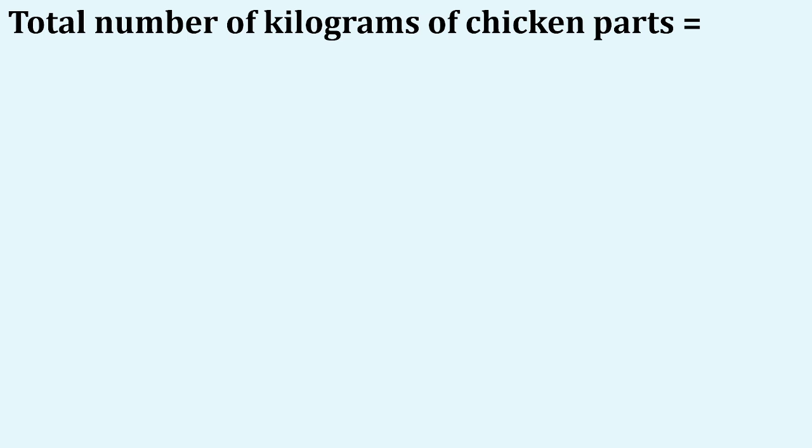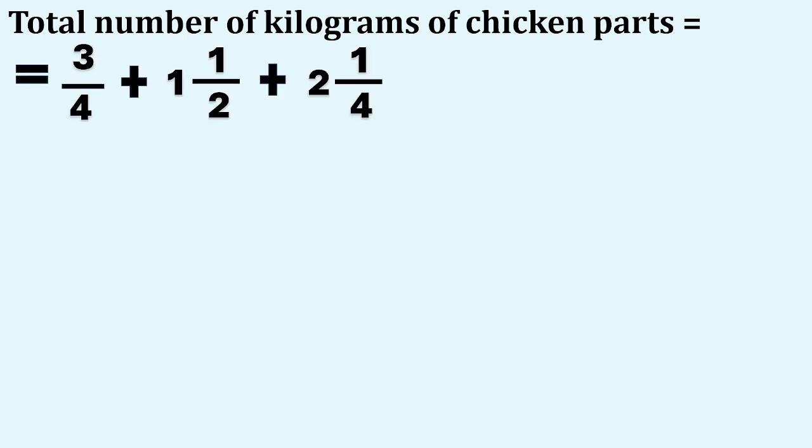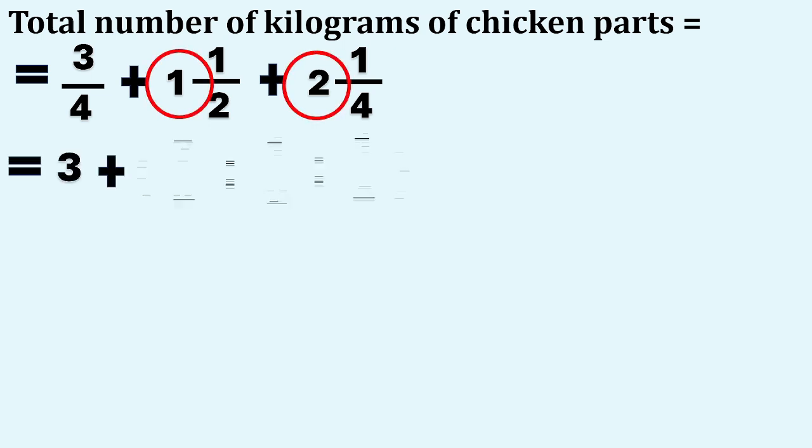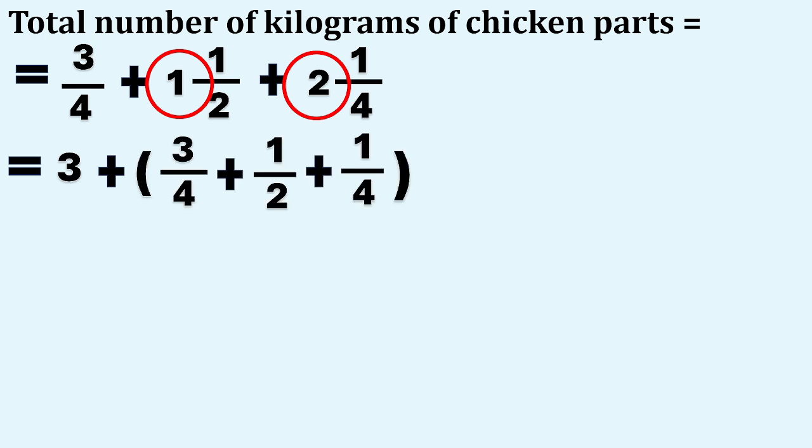So 3/4 plus 1 1/2 plus 2 1/4. First, add the whole numbers. 1 plus 2 equals 3. Then add the fractions. We are going to find the LCD. We take the different denominators. We have here 4 and 2.